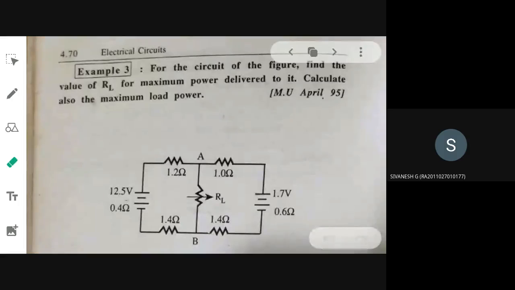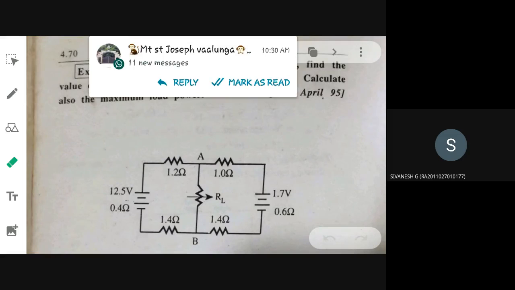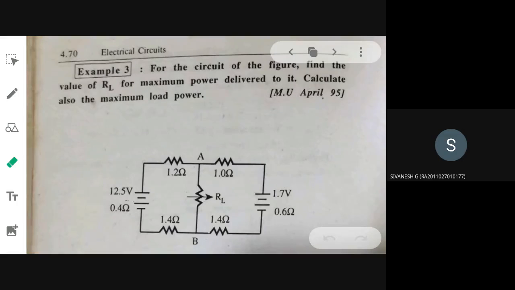Ma'am, we have to find RL value and maximum power. Yes, RL value, and as usual maximum power they have asked for the circuit, again by applying the maximum power transfer theorem. So what do you need to do to proceed? Like the last problem only. Here also the first step is you need to find out VThevenin, then you need to find out RThevenin, then substitute these two things in the given formula, you will get both the answers. So how will you find VThevenin?